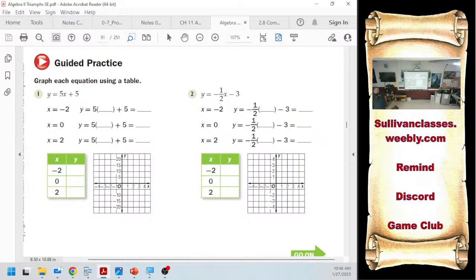Well, they told us the numbers this time. They told us -2, 0, and 2. So put -2 there. 5 times -2 is -10. Plus 5. -5. Go put it in that spot in your table. Right here? Yeah. And then 5 times 0 is 0 plus 5 is 5.